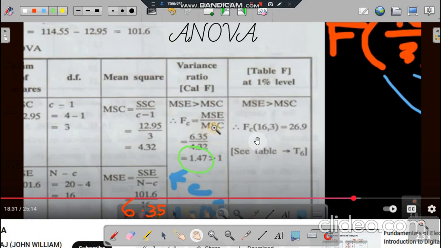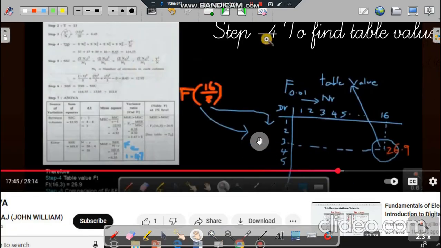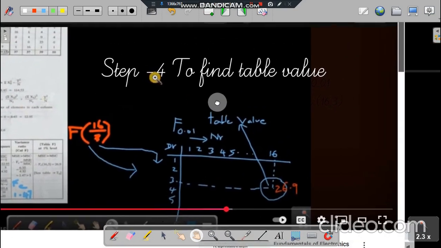So now we are going for the table. When you are seeing the F table, the F table looks like this.